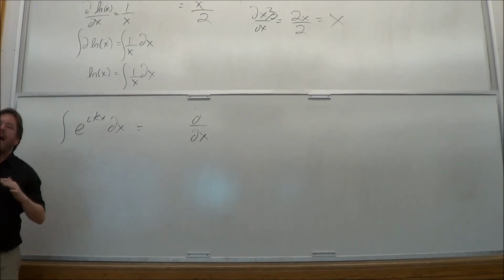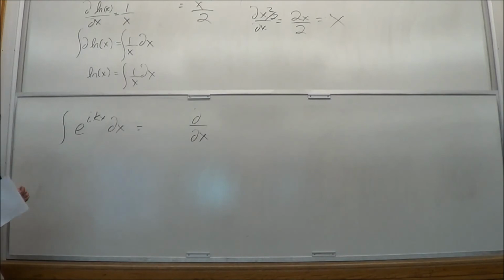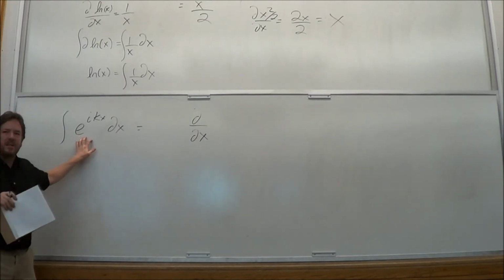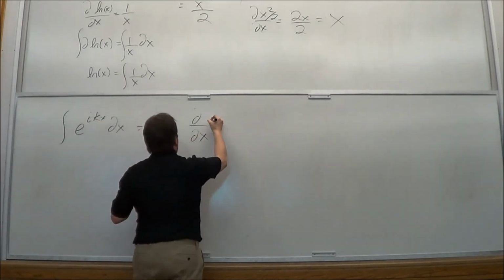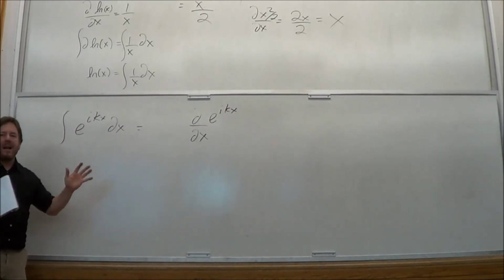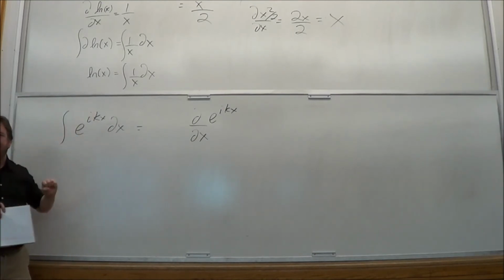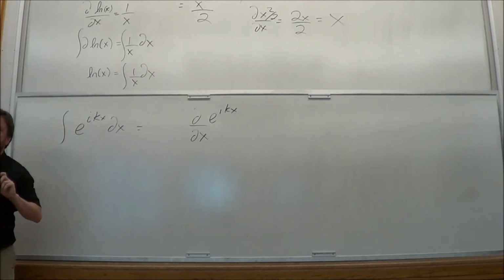Remember, I'm going backward. In terms of solving an integral, I'm doing a derivative backward. I know that the answer has e to the ikx, because remember, I'm trying to find the thing, the derivative of which is this. That thing is the answer.